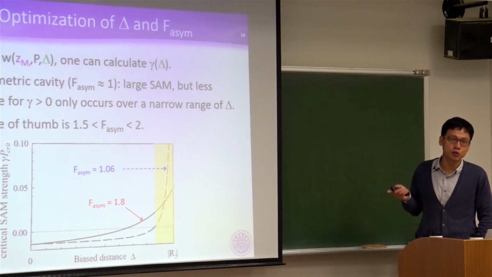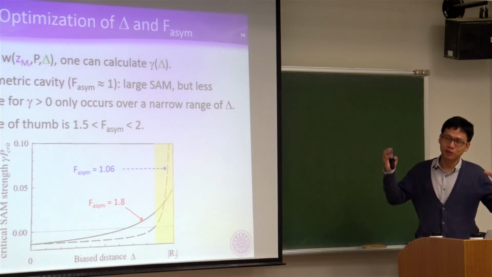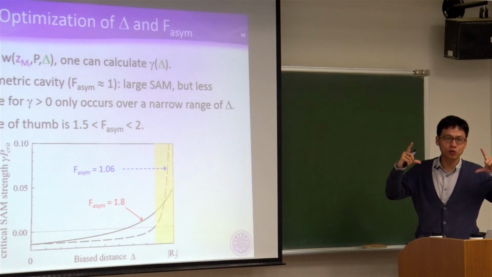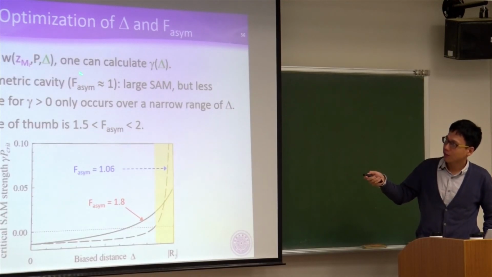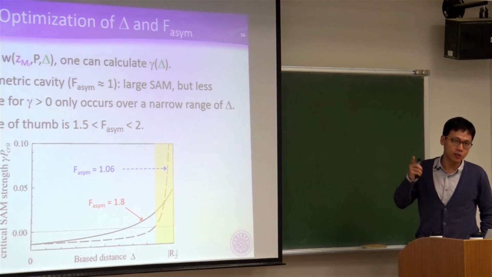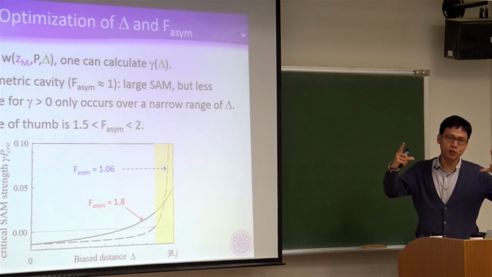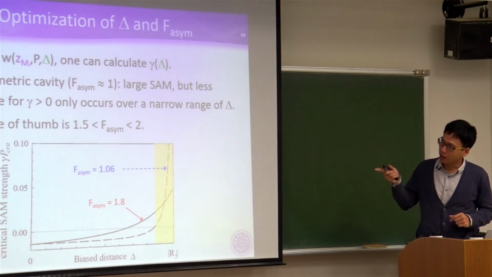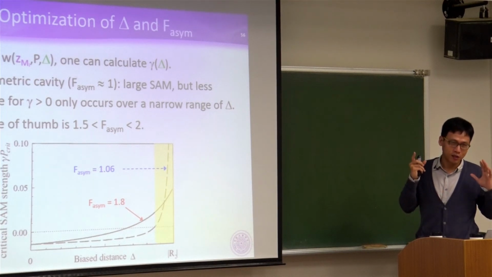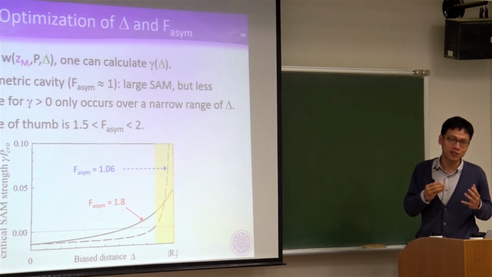Okay. Do you still remember the definition of this one, asymmetric factor? Remember, we simplify our cavity into a two-mirror cavity, right? The ratio between the two radii of curvature, R1 over R2, is this one. If it is equal to 1, it's a purely symmetric cavity. And here we know the cavity has to be at least slightly asymmetric.